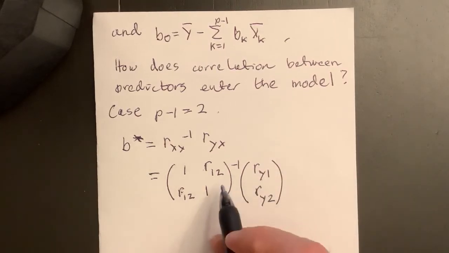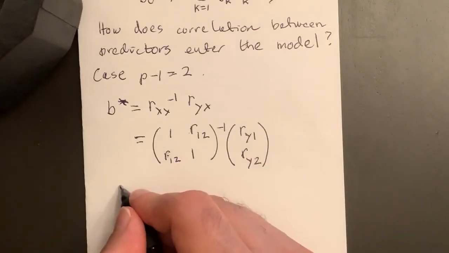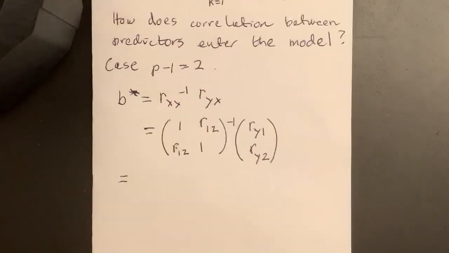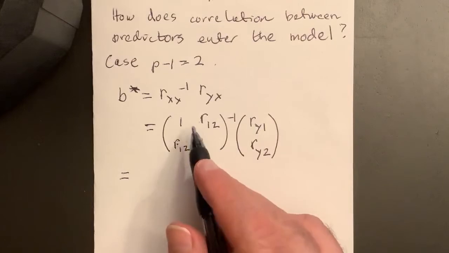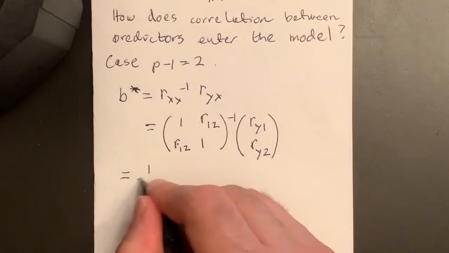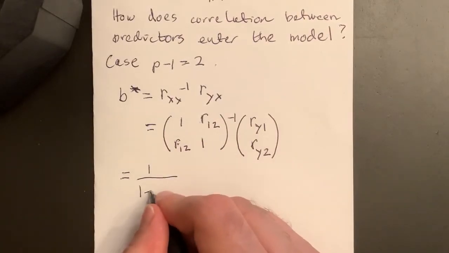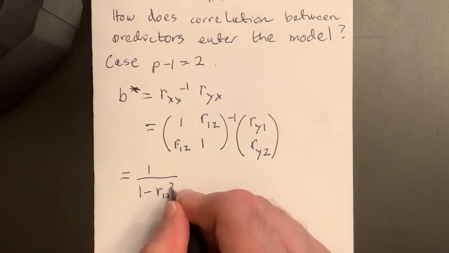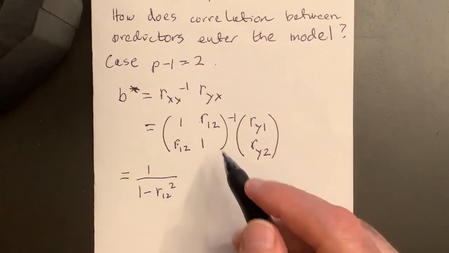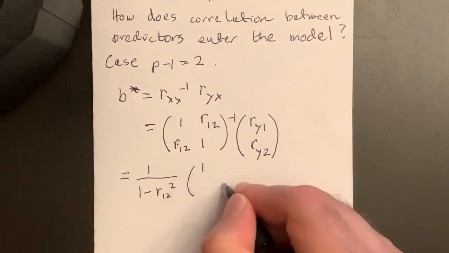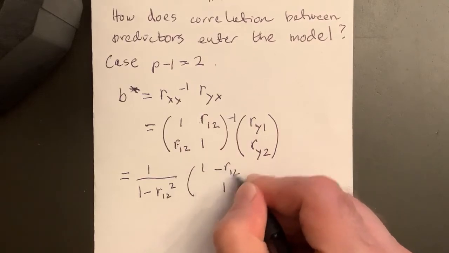I can take the inverse of a 2 by 2 matrix without too much of a headache. It is 1 over the determinant, which is 1 minus r12 squared, times the matrix where these flip around and these get negated.